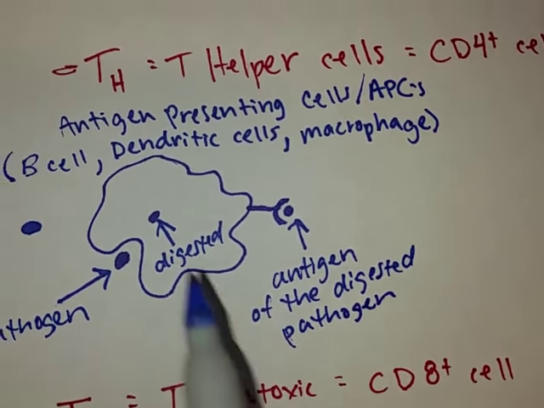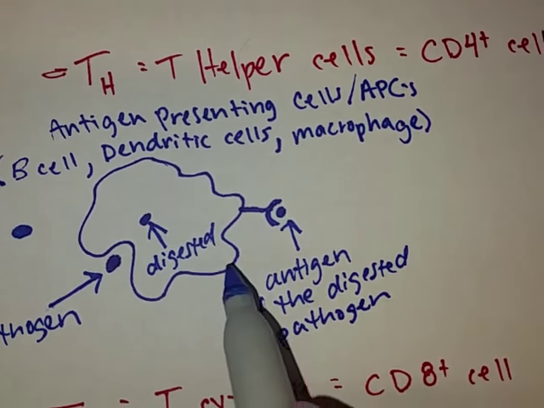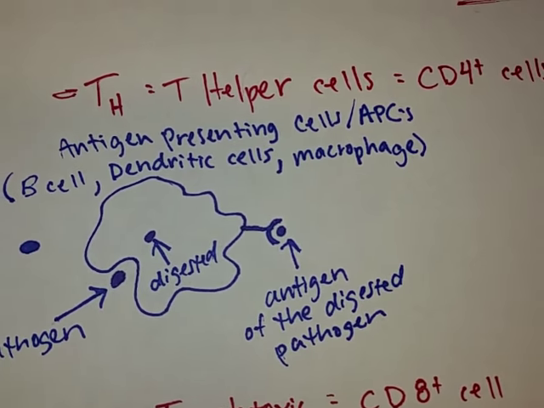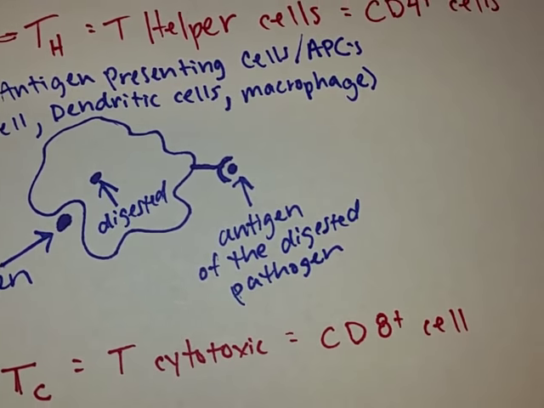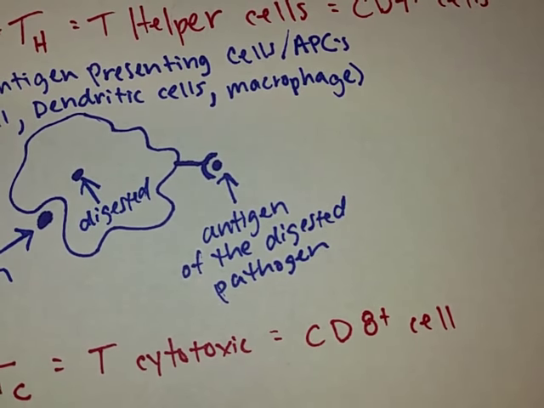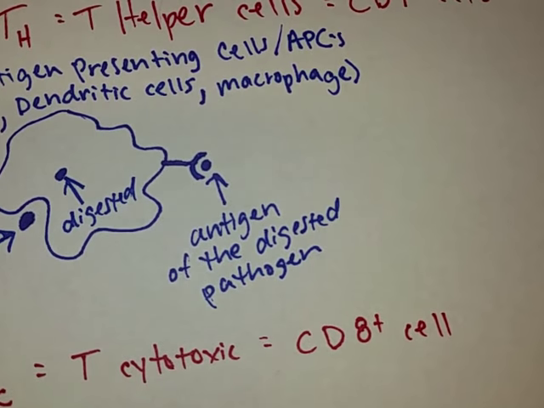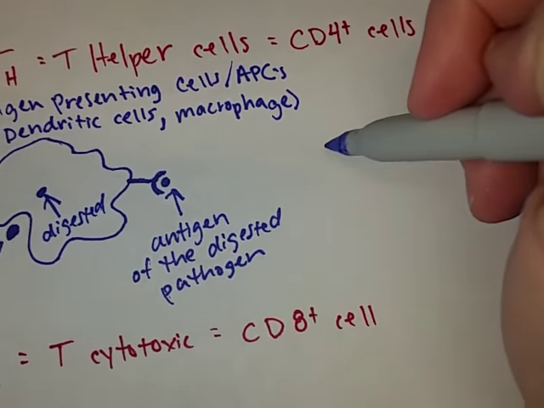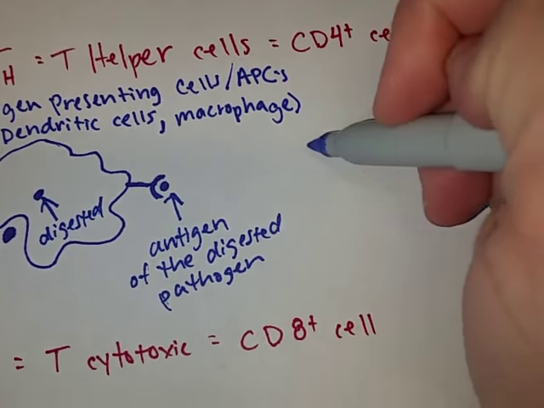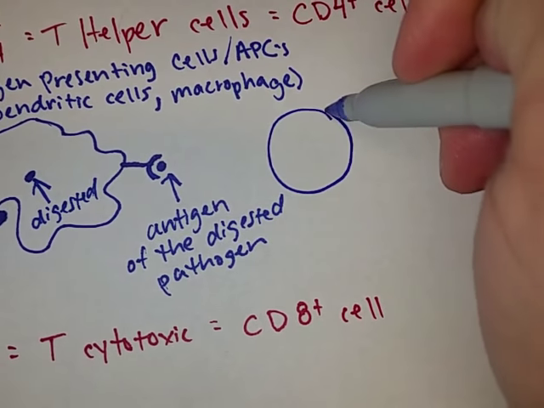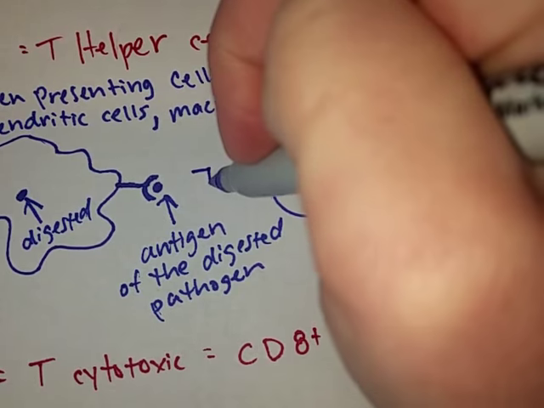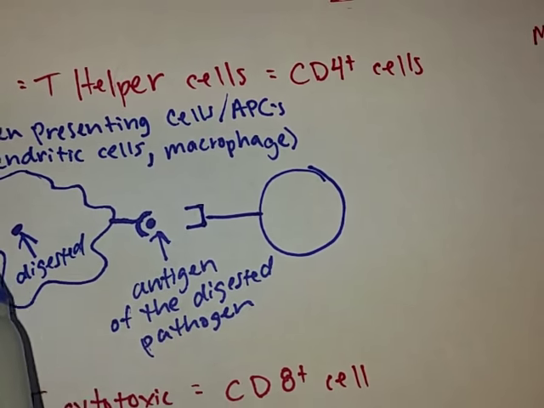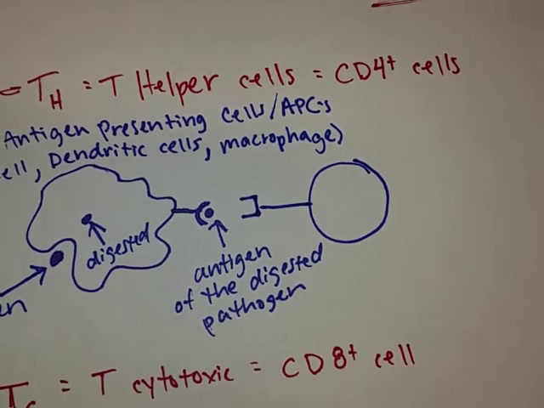Okay. So now that we have this antigen presenting cell holding up a piece of this bacterium or virus or whatever, we're going to get this T helper cell that comes along. So here's my T helper cell. T helper cells are going to specifically interact with these antigen presenting cells.